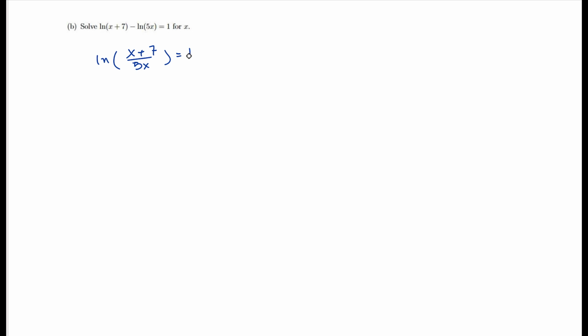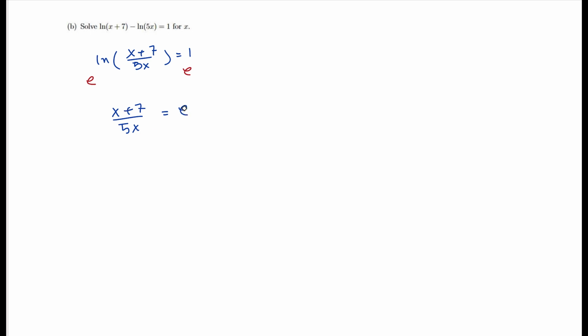Now to retrieve the x, go to exponential. So e to the power, and these two are inverse functions, so they cancel each other out. And now I have a rational function equal to a constant.